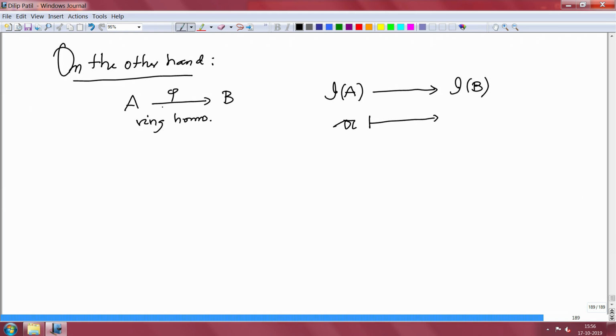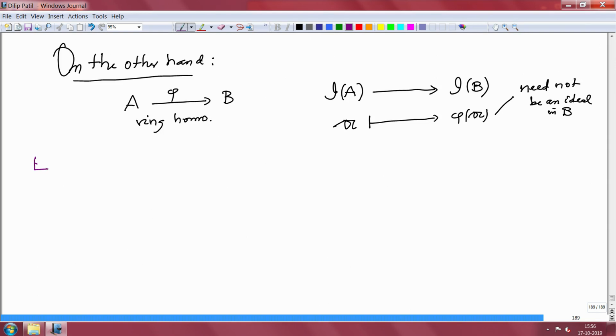Take the image phi of A, but unfortunately the image of this need not be an ideal in B. Let us give an example, a small example.